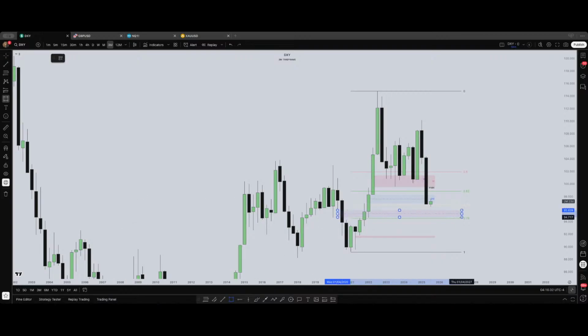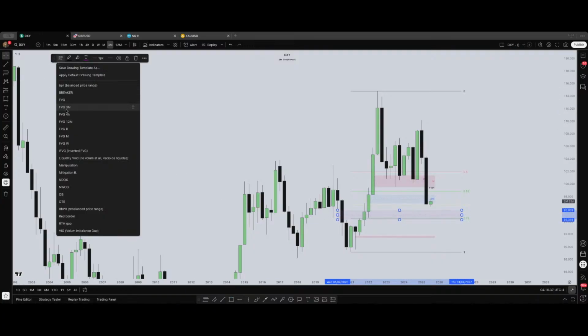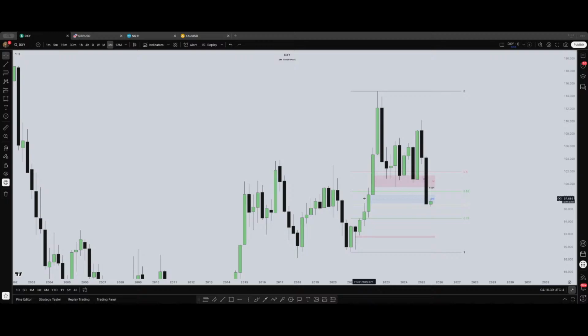We also have this inversion fair value gap, which is quarterly, from here to here. This used to be a normal fair value gap, but price didn't respect this area. As you can see, price smashed it and went through.